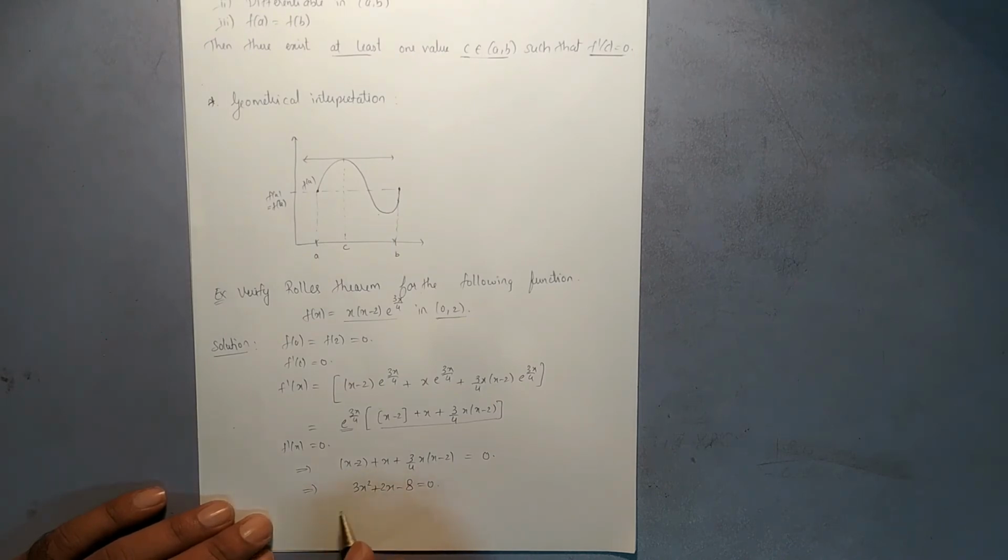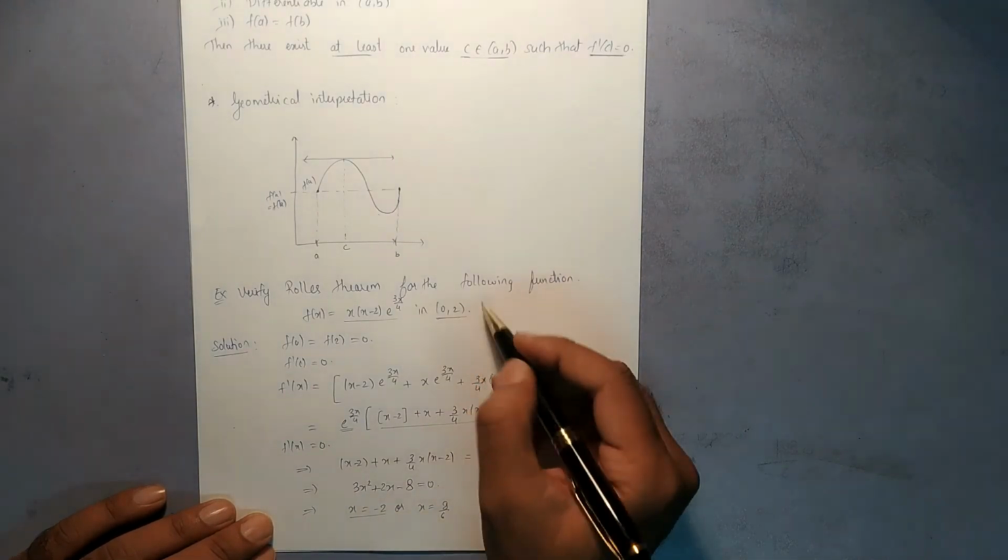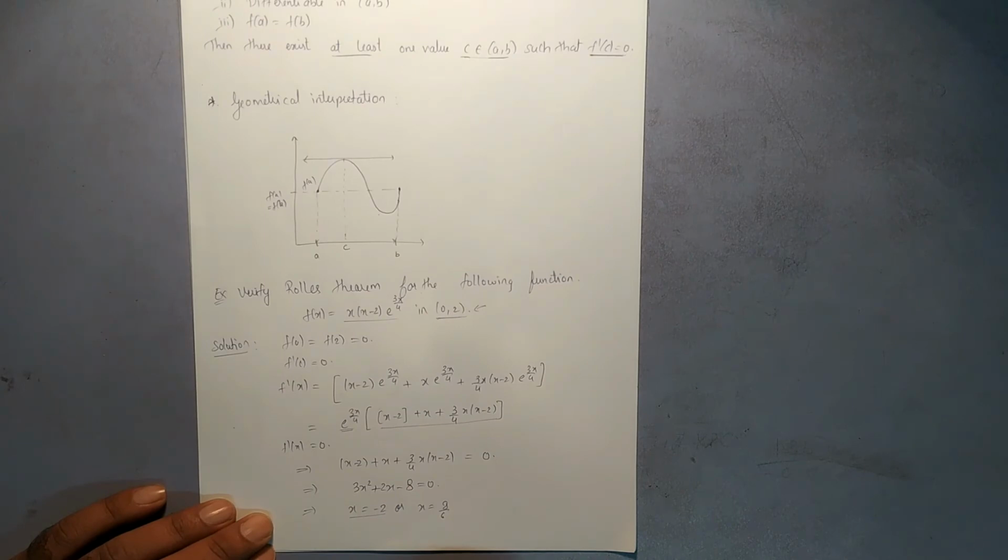After solving this quadratic equation in x, we get x is equal to minus 2 or x is equal to 8 upon 6. We observe that x is equal to minus 2 does not belong to the open interval 0 to 2, but x is equal to 8 upon 6 belongs to this interval 0 to 2. So x is equal to 8 upon 6 belongs to the open interval (0, 2).